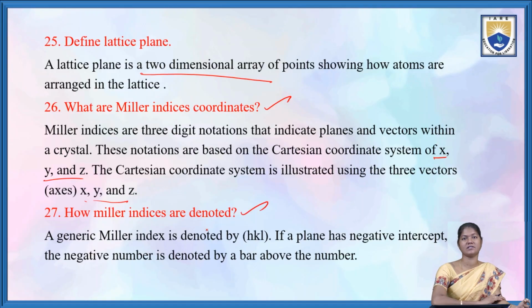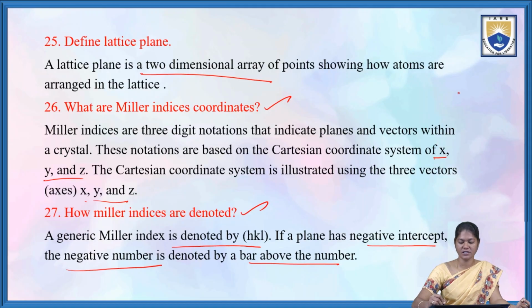How are Miller indices denoted? A generic Miller index is denoted by hkl. If a plane has a negative intercept, the negative number is denoted by a bar above the number. Suppose there is 4, 6, 3, then it is represented within brackets.